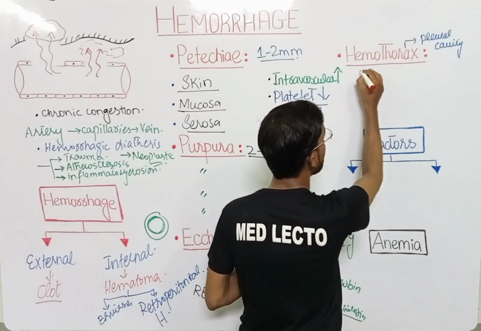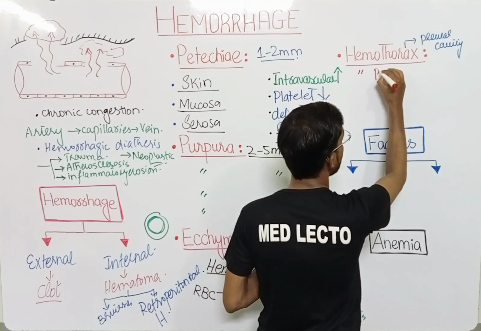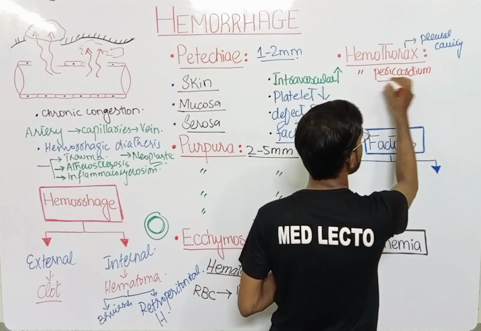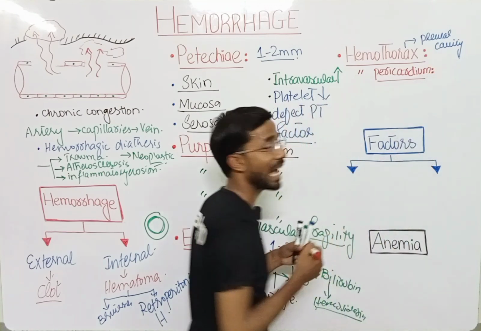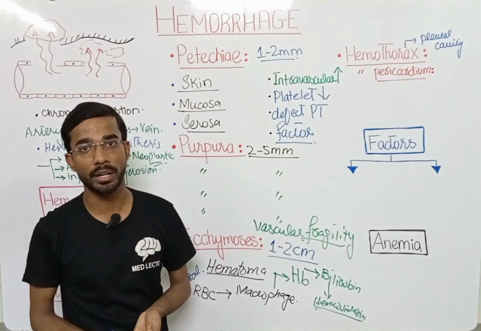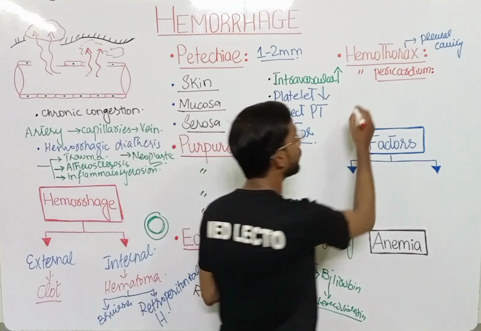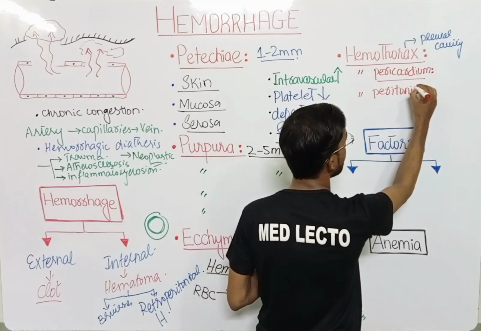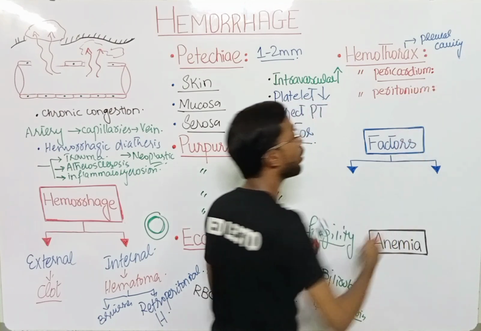If the blood accumulates in the pericardium cavity, then it is called hemopericardium. When the blood accumulates in the peritoneum, then it is called hemoperitoneum.